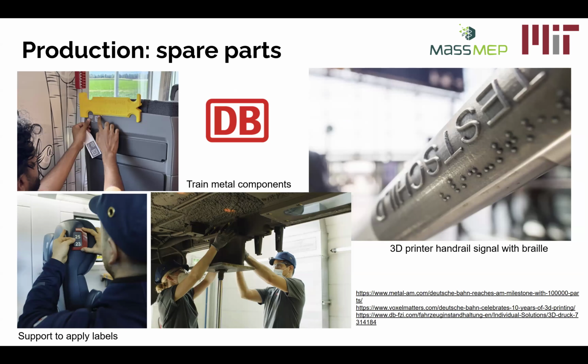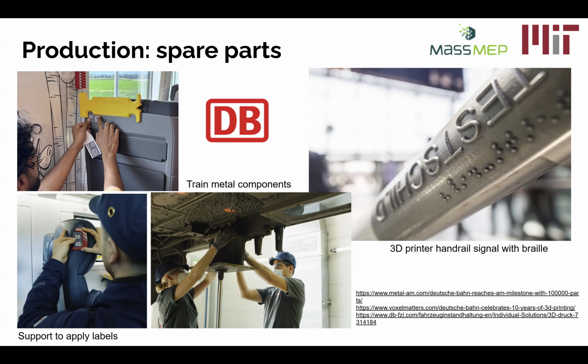Thank you. Here we have some examples of where it has been used. It was used both on smaller components, like here we can see on the two pictures on the left, where they were just printing in plastic some frames to help place the labels on the train seats, but also larger parts, like for example this metal component on the train.